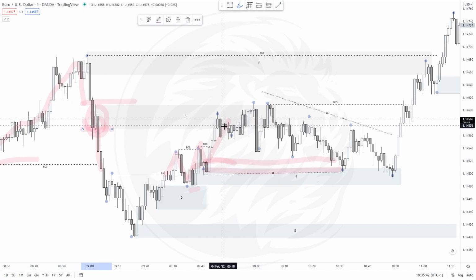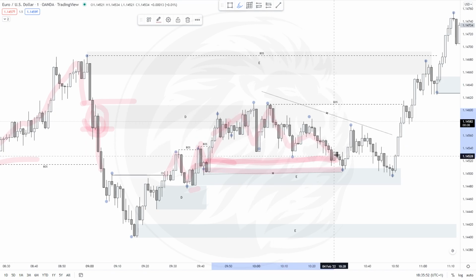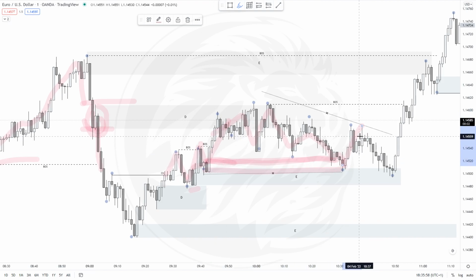So we can see that price doesn't take this decisional to follow the market, but price will accumulate liquidity, create a little bit of inducement by the decisional here, sweep the inducement and sweep the liquidity to come back and take the extreme to fill a better move and to sweep the buy side liquidity just here.